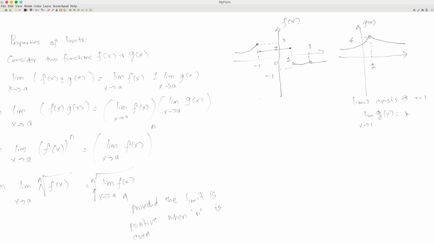For f of x, on the other hand, the limit does not exist at x is equal to -1 and x is equal to 1. However, the limit at 3 is actually -1.